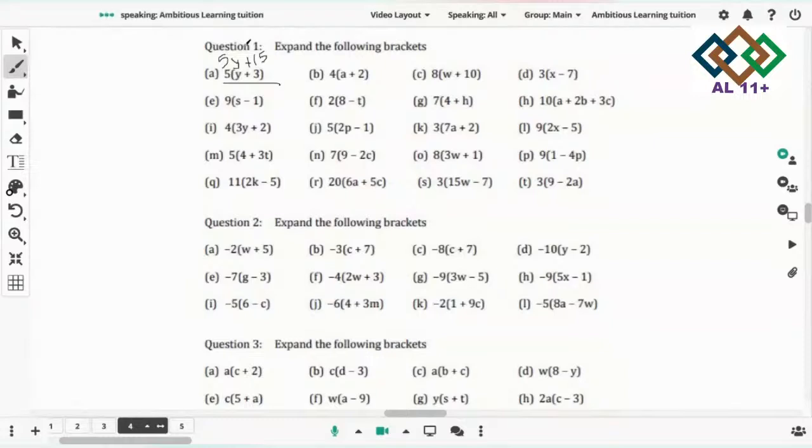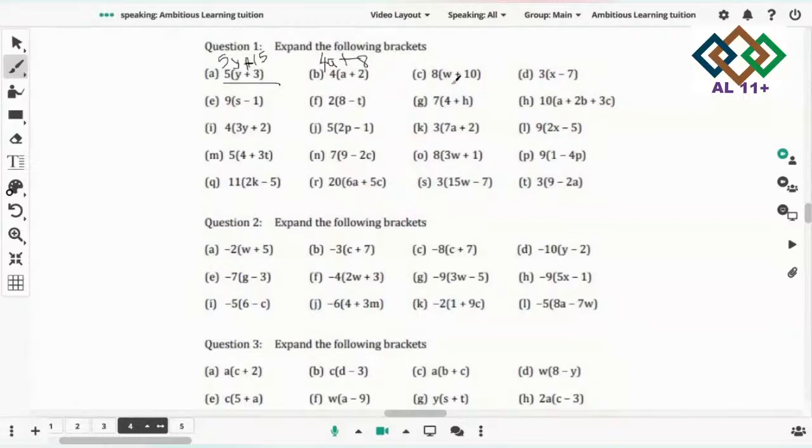So let's do the next one. When you have something in brackets, you're multiplying that. So you'll do 4a, again plus, and then multiply 4 multiplied by 2. That's 8. So that's our answer for this one.